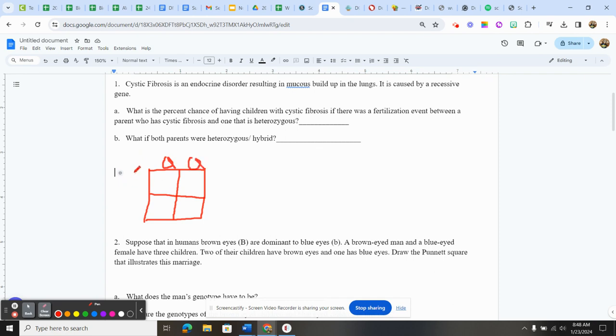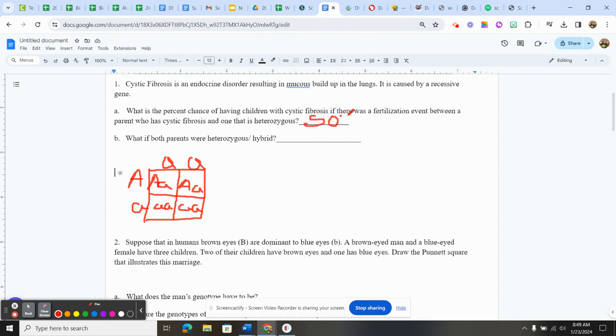And if the other parent is heterozygous, they're going to have a capital letter and a lowercase letter. Okay, so up on the top, we have big A, and on the bottom, little a. So what's the chance of getting a kid with cystic fibrosis?